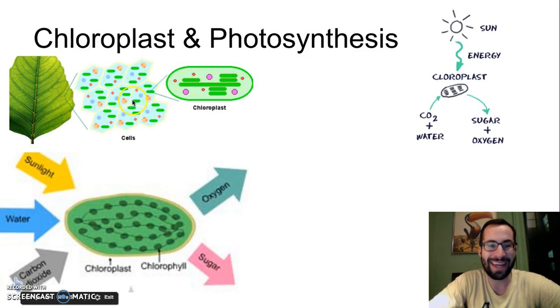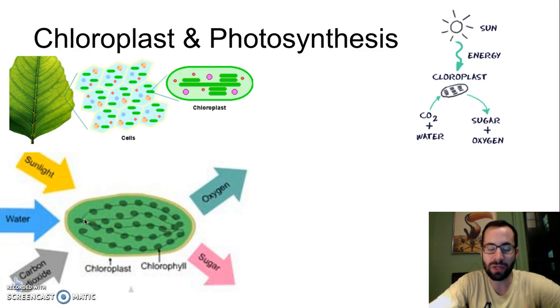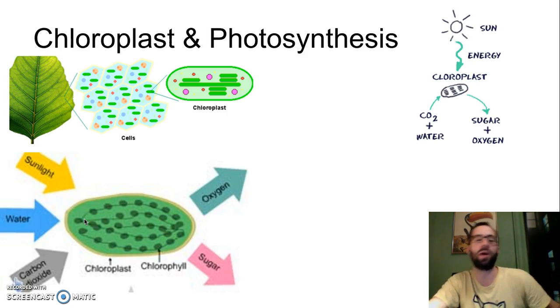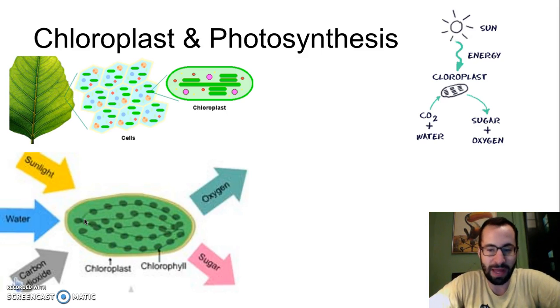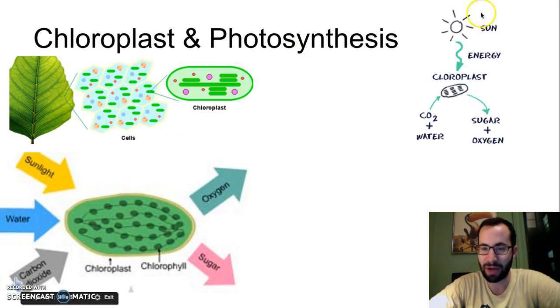And when the sun hits these chloroplast organelles, in addition to water and carbon dioxide inside of the chloroplast, we are able to make sugar and release oxygen. That's the basic photosynthetic process. You're going to need to know what exactly goes in and what comes out of the chloroplast in order to successfully pass this learning target. So here's another diagram up here that you can focus on to help you.